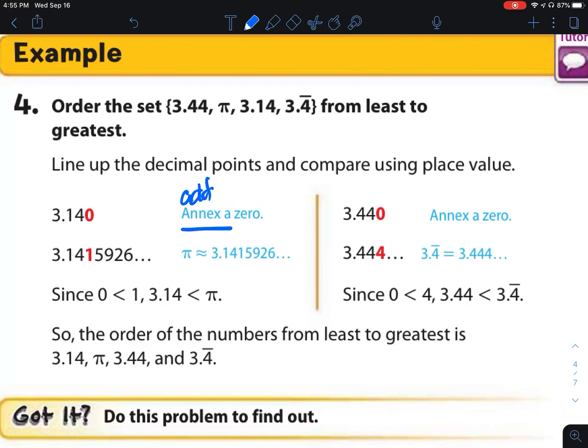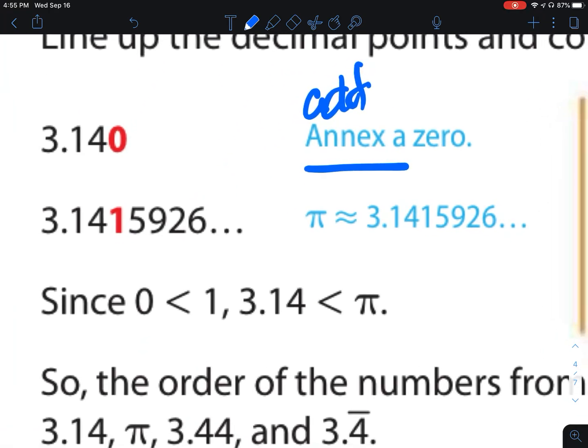3.1415926. So if you notice this decimal 3.14, they have the same numbers. 3 is the same for both, 1 is the same for both, 4 is the same for both. And that's the reason why we have to annex a 0 so that we can compare some more. If we annex a 0 to 3.14, we know that 0 is less than 1.